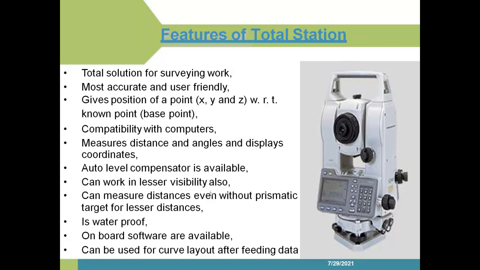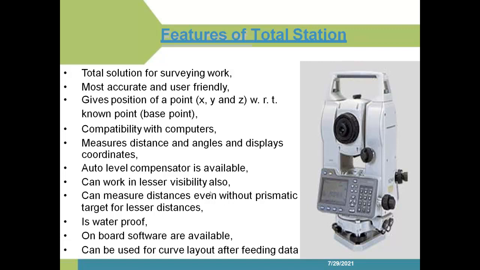In the total station, they give the reading in x, y, and z mode only. So for every area they give the latitude, longitude, and height information also. So it is more accurate and more user friendly. It easily connects with computers, and the instrument is waterproof, so it is not affected by weather problems.